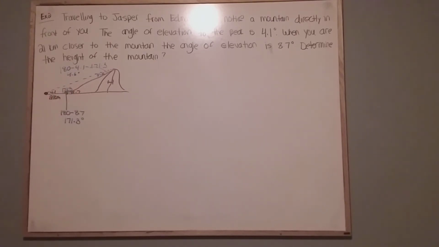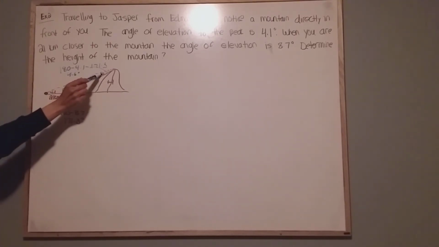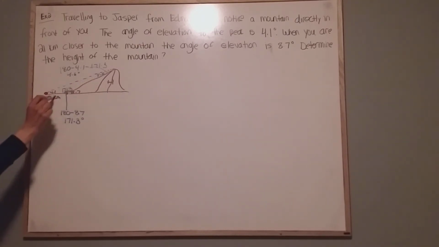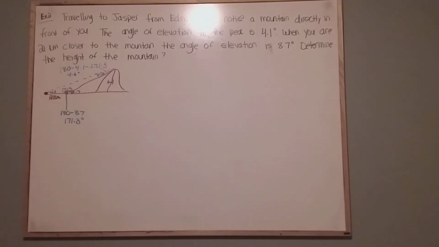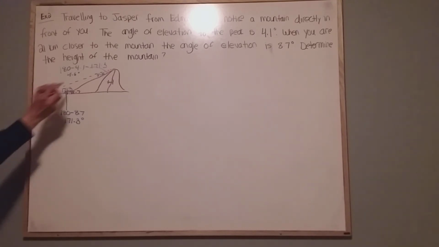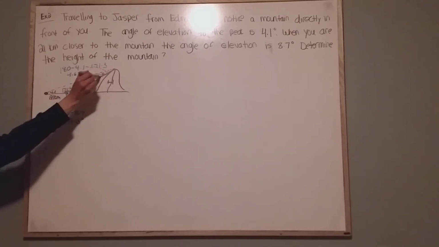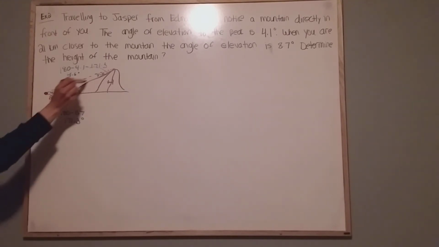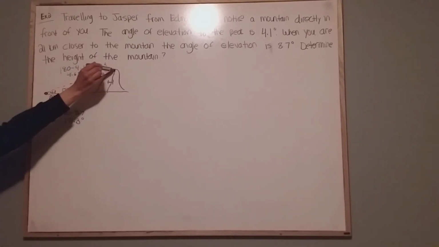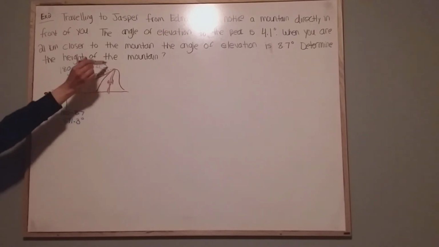Why was that important? Because now I have an angle-side pairing. Because I have that, I can use my sine law to solve for the common side of my triangle, because this here is the common side. If I can figure out this distance, I can figure out the height.